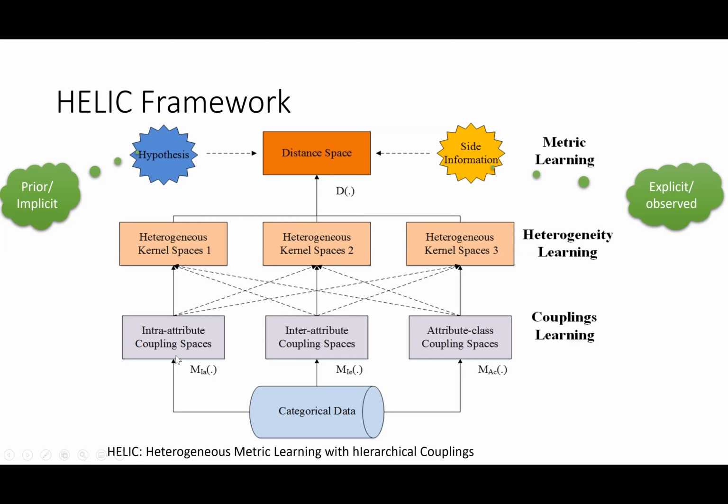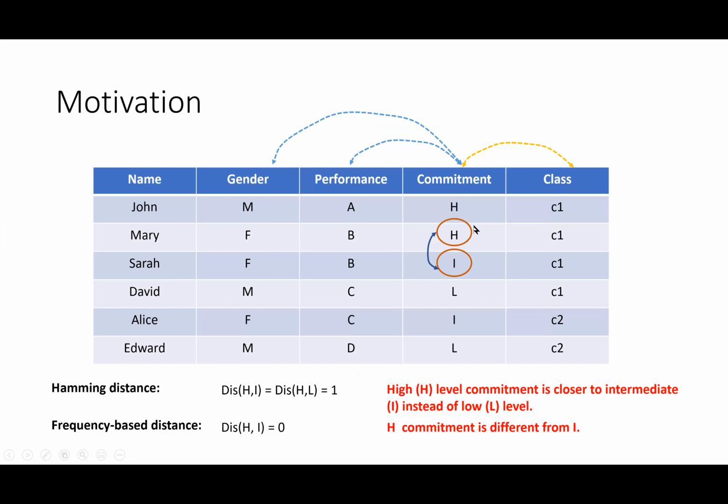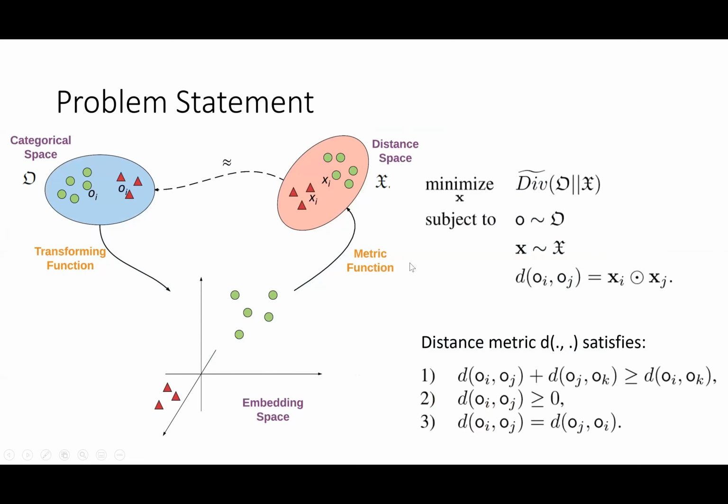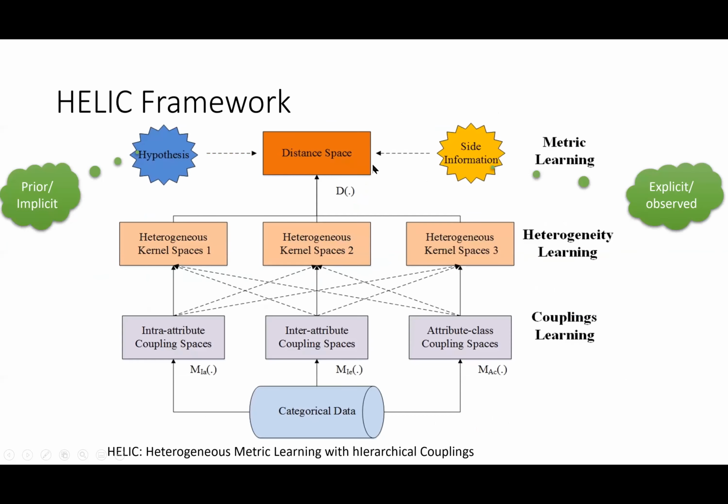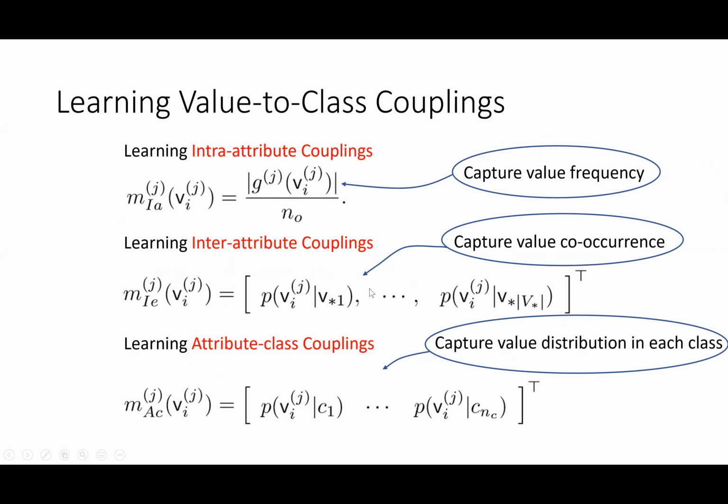It means the value distribution for commitment could be different from the probability, and we can have different ways to measure, and the distribution would be different, right? Overall, after learning the couplings and the heterogeneity, we convert that in the matrix space into the distance space, and by involving the prior information and observation here, we can build an objective function on top of that, right? So that's the overall idea.